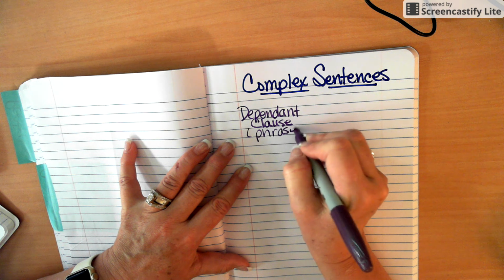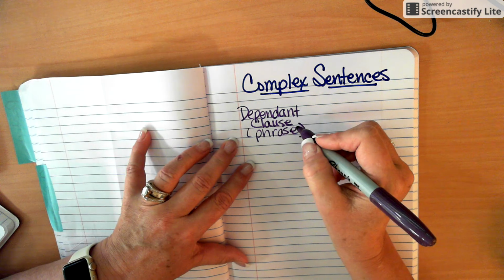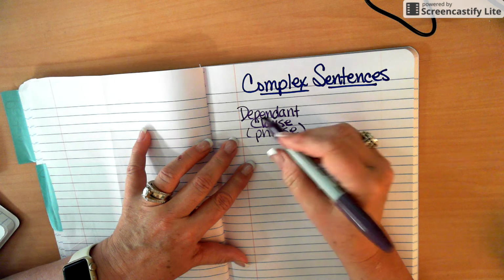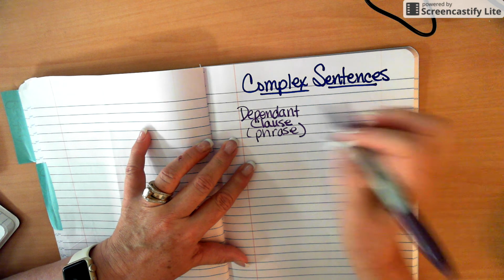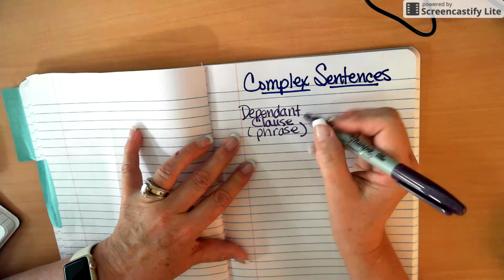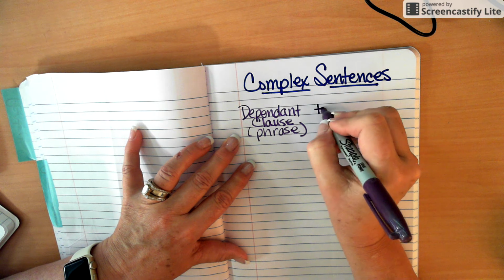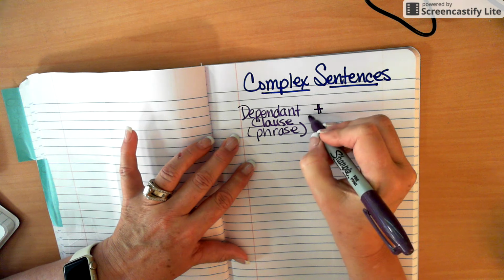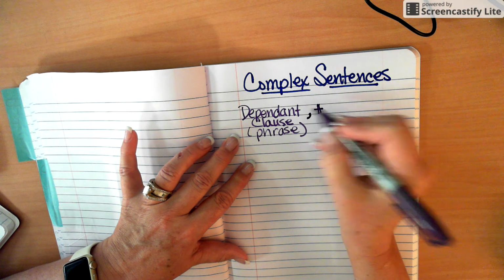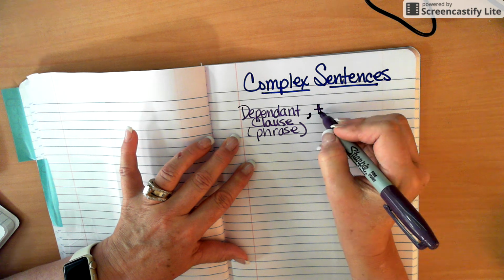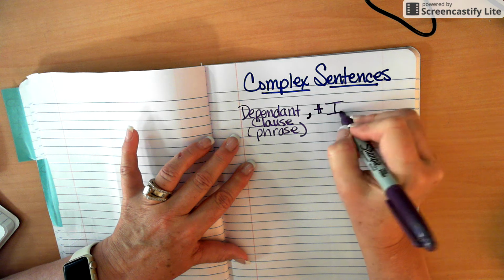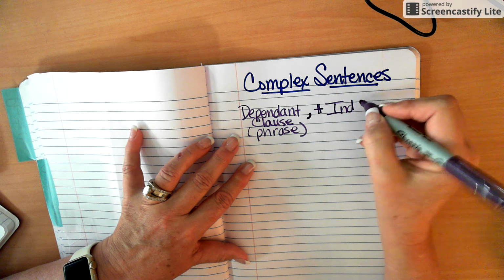A phrase that doesn't have a subject and a predicate, and it depends on part of the rest of the sentence. It cannot stand alone. It's a fragment. Okay, and then you'll have plus, a dependent clause plus, you'll have a comma after that dependent clause. So it's comma plus an independent clause. This is one that can stand alone.